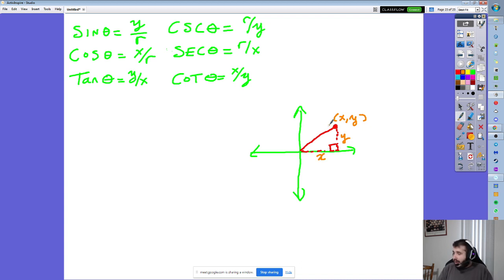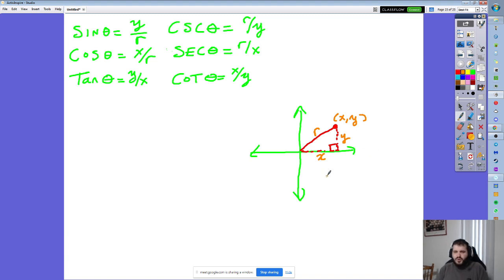And then, as I said at the beginning, we're going to eventually get into talking about the unit circle. This line right here is going to be the radius of that circle. And we'll talk more about that on Monday.